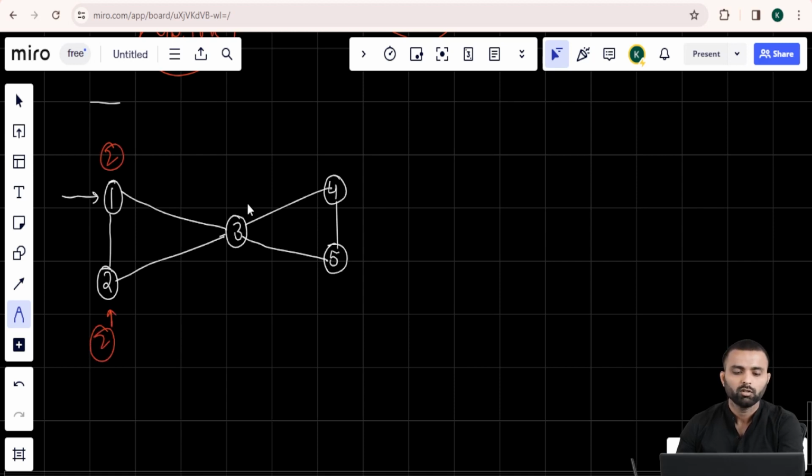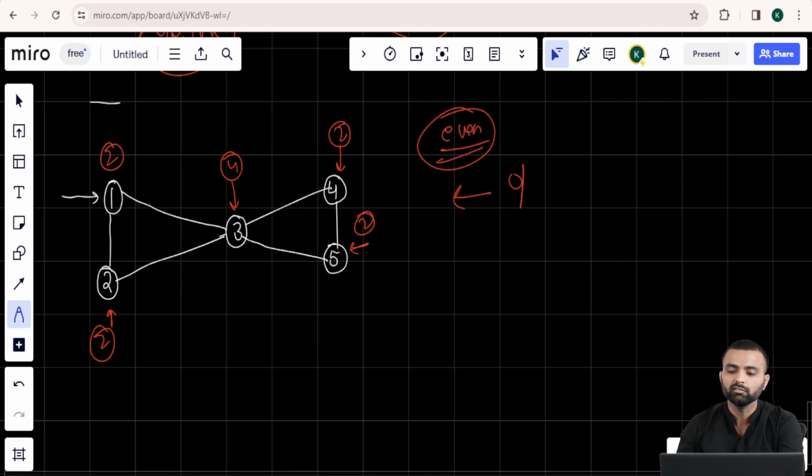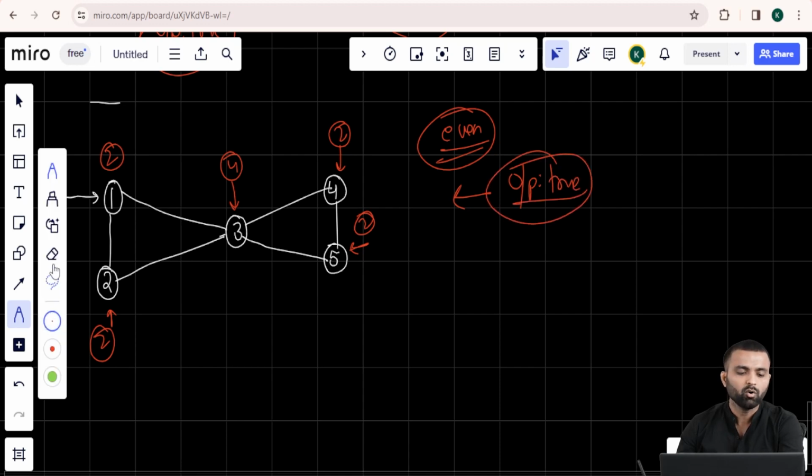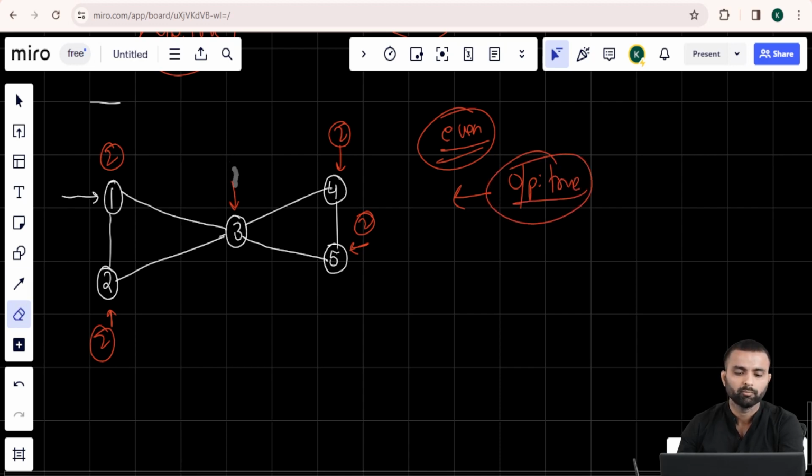Again 2. 1, 2, 3, 4. It's 4. Then 2, and 2. So all the vertices have even degree, and my output is true.